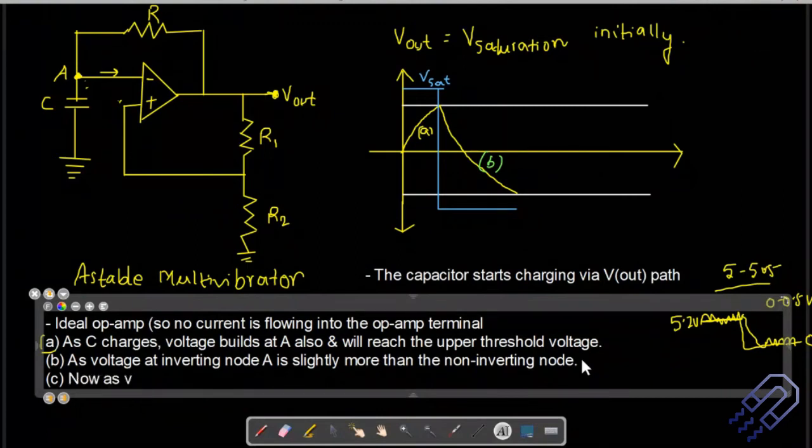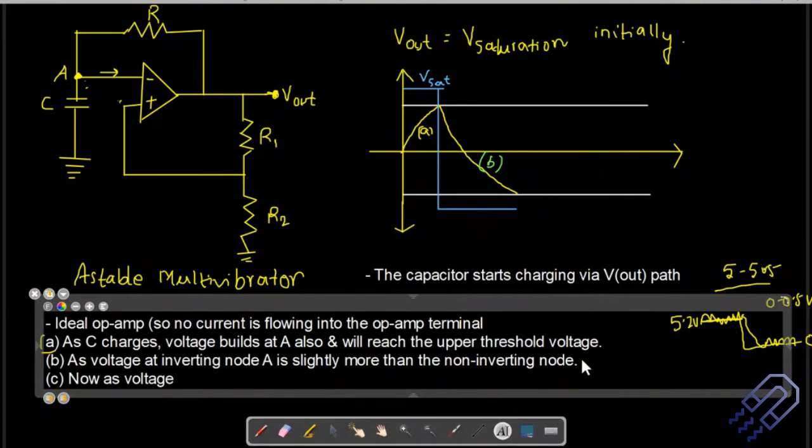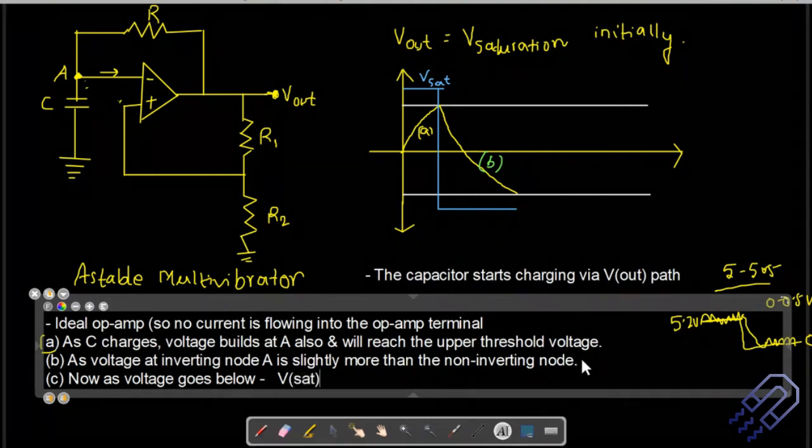So now, again, it might happen that because of this feedback fraction, the voltage will keep fluctuating. The capacitor will start charging again. So now as the voltage goes below minus beta V sat. Why minus? Because it is actually applied to the inverting terminal.